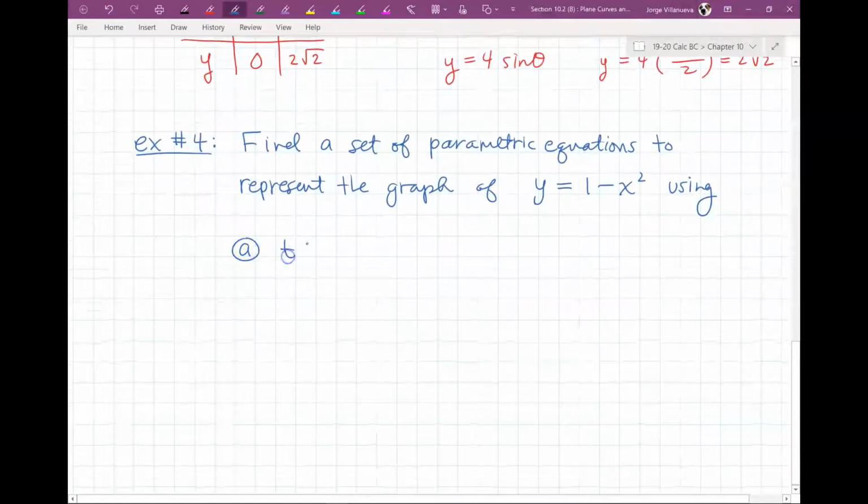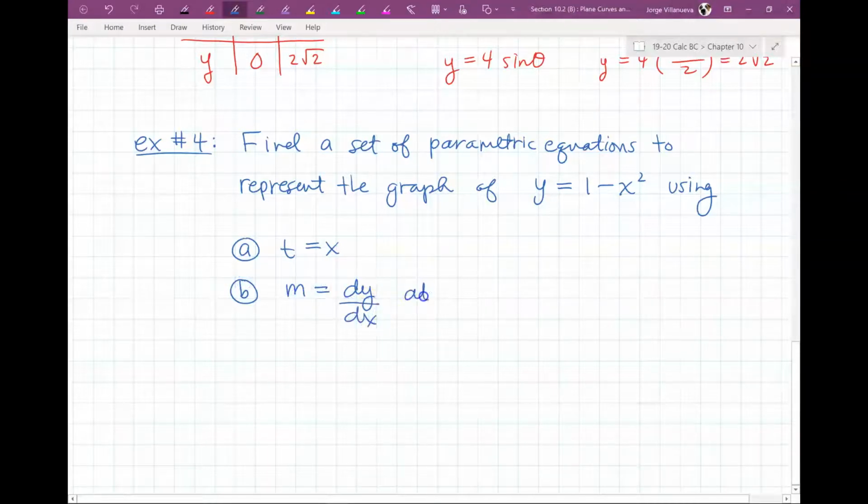A, which would be t equal to x, and B, m equal to dy/dx at the point (x, y).